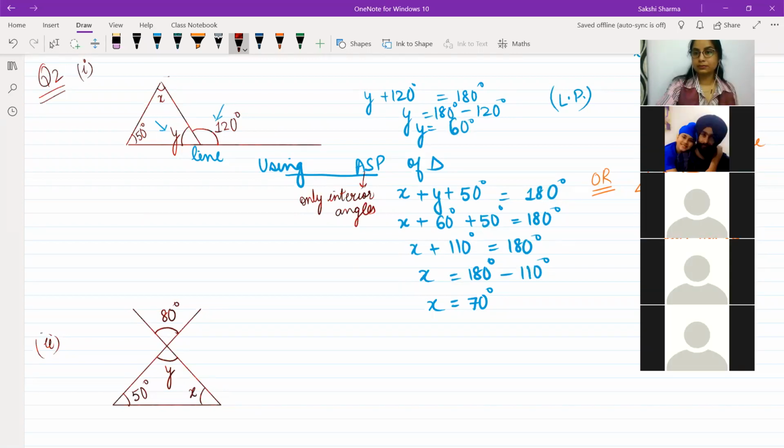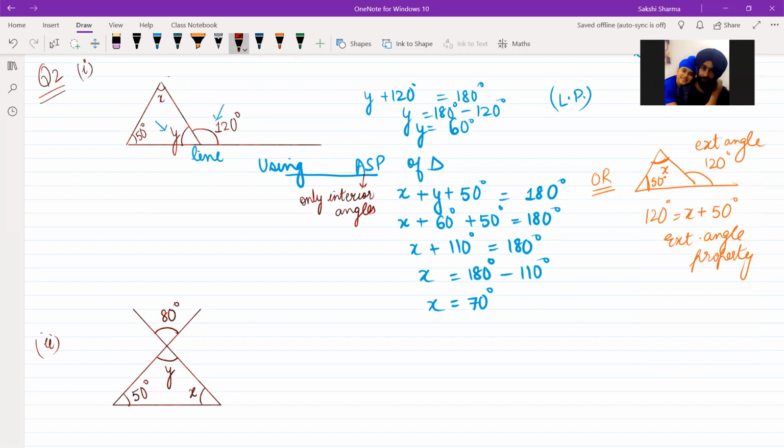Excuse me, ma'am. Ma'am, T and Y are equal. That's correct. Bhavya, that's correct. Gurleen, yes, that's correct. How did you identify? They are opposite. The first thing you're looking for is that there should be two lines crossing each other.